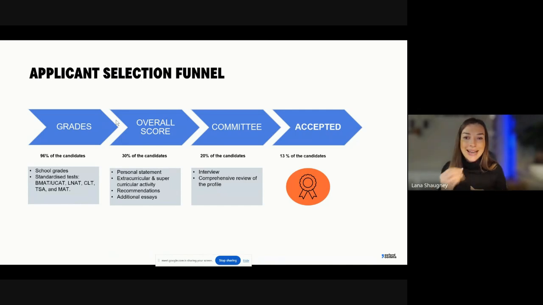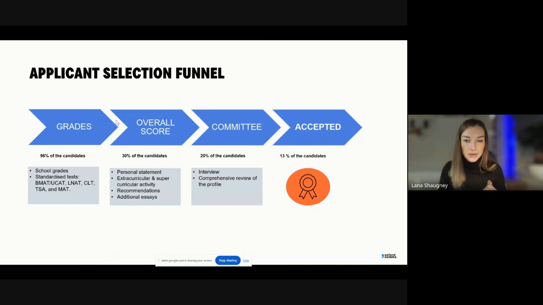And then the next stage of the selection process is when the selection committee looks at other areas that will make your profile stand out, and they start looking at things such as personal statements. They start reading and scoring your personal statement.